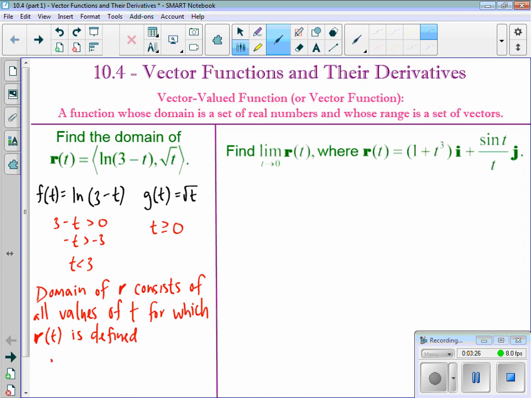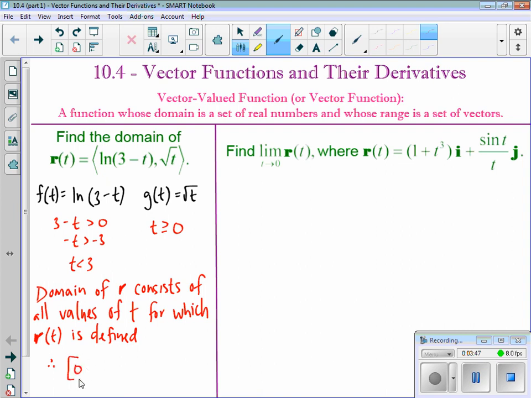Therefore our answer would go from where? If it's less than 3, and it also has to be greater than or equal to 0, what's my actual domain there? 0 to 3. And which one do I include? We're including 0, and we're not including 3.